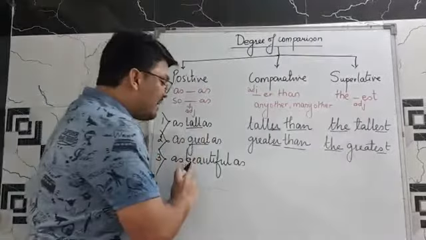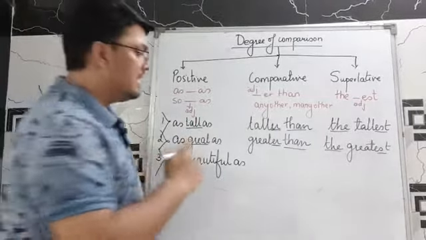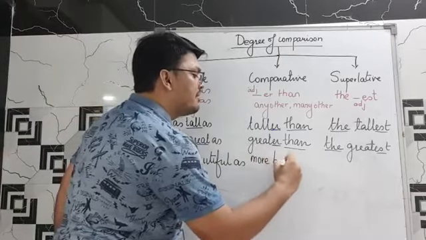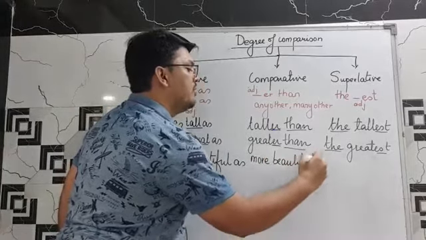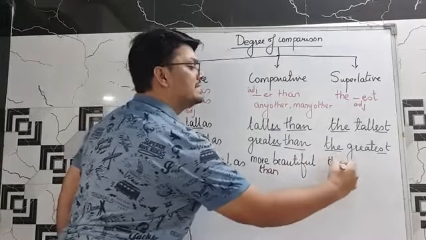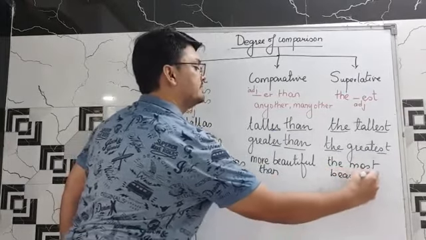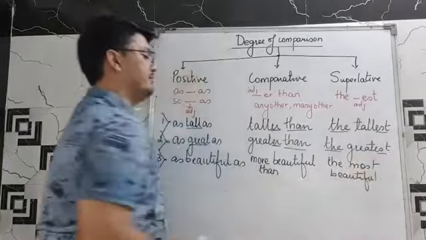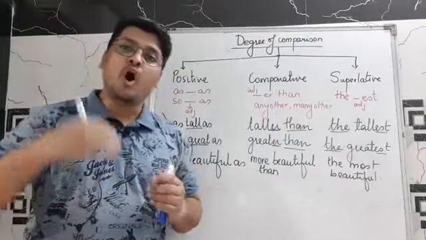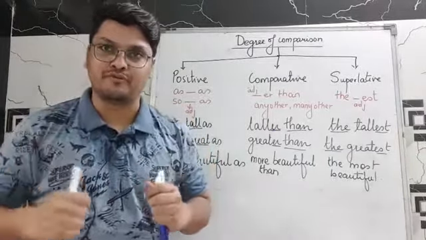If you come across an adjective that has two or more syllables, in comparative degree we add more: more beautiful than. And here in superlative it will become the most beautiful. So you can see how adjectives with two or more syllables turn into more beautiful and most beautiful.